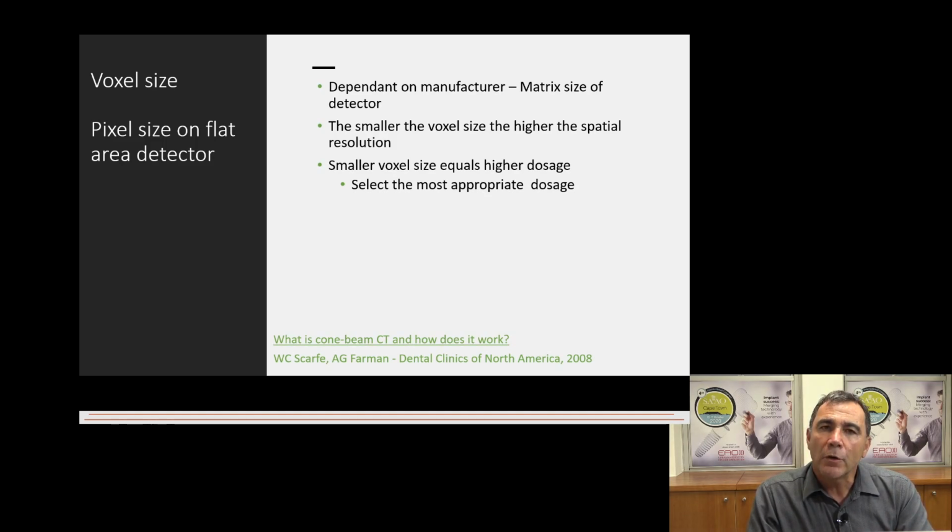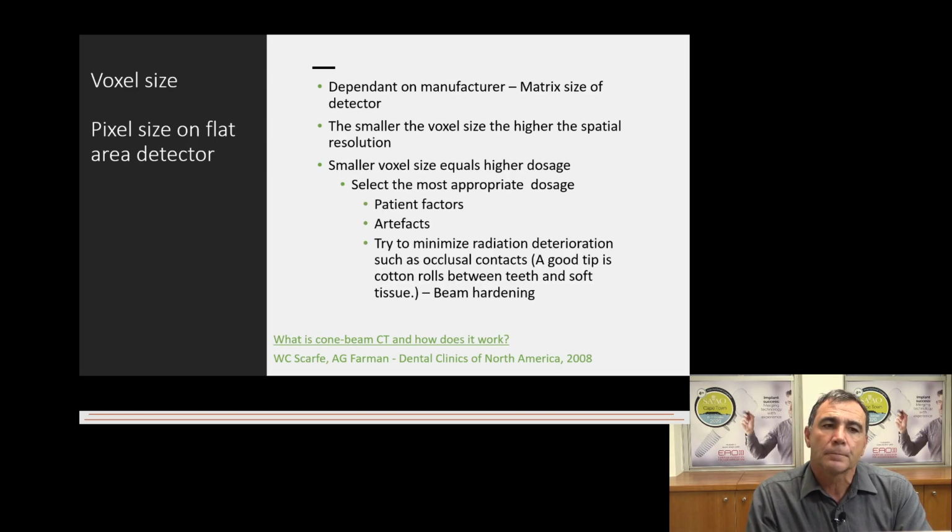If you go too low, you get a degraded image because your computer has got to make a lot of extra assumptions, especially if you're going to use it in endo work, in root canal treatment work. You have to give sufficient radiation. The software can work around this and give you the precise detail that you want to see. So select the most appropriate dosage, and ALARA does not mean too low so that your image is degraded.